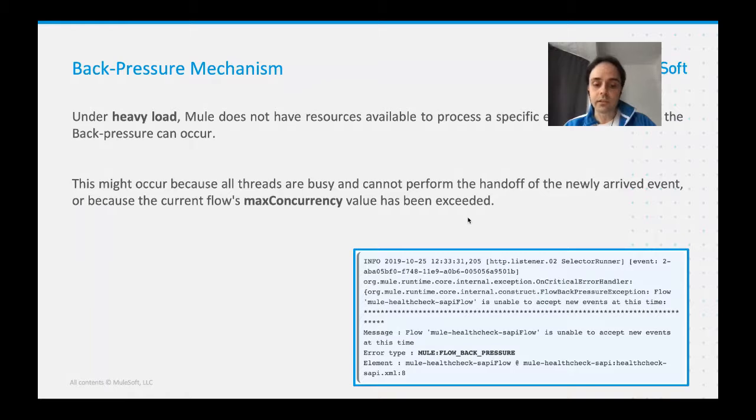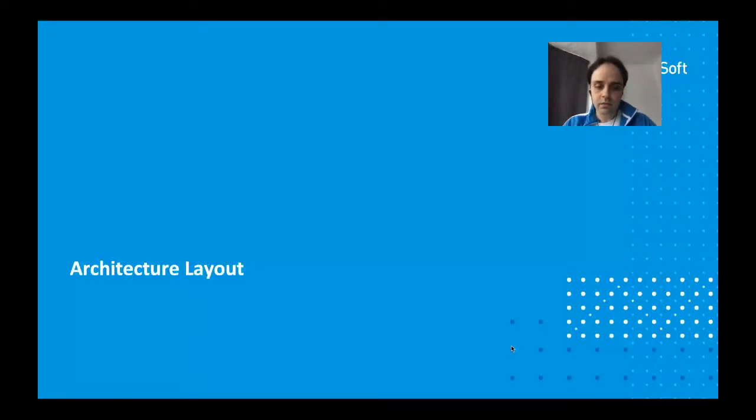If Mule cannot handle an event, it logs the condition with a specific message telling you the name of the flow in which that particular exception is happening, and it notifies you about the flow source to perform any required action, as you can see in this small snippet.